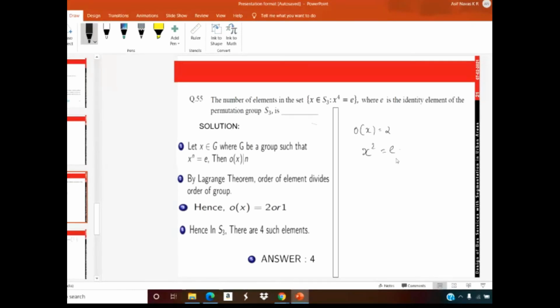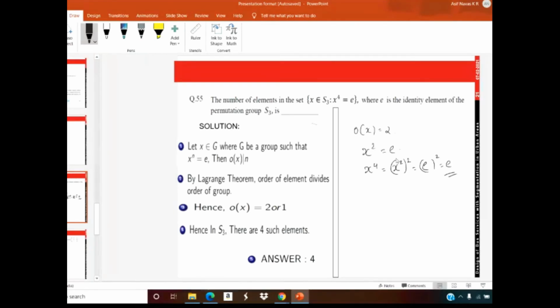So then if you take x raised to 4, this is actually equal to x square all square. So this is e all square, which is equal to e.